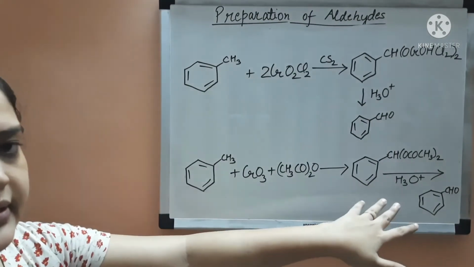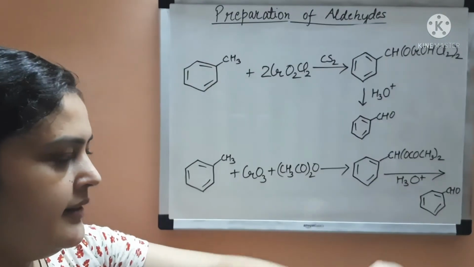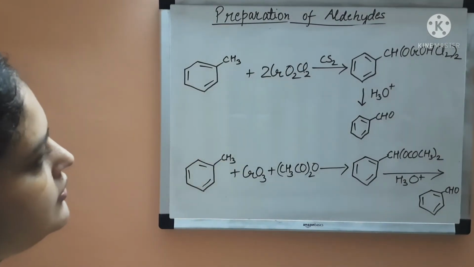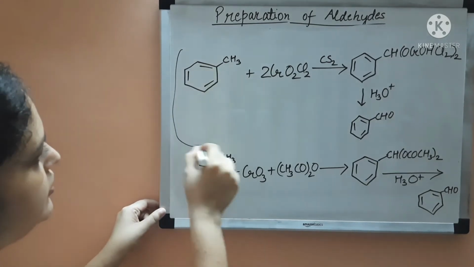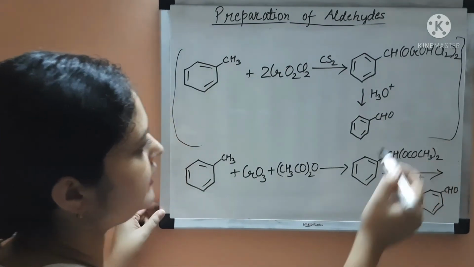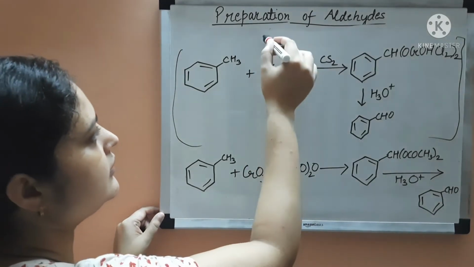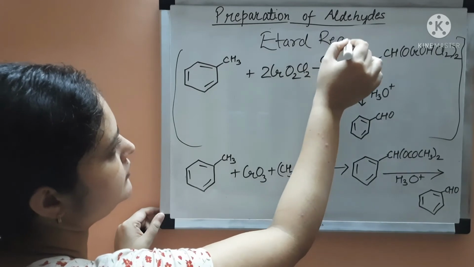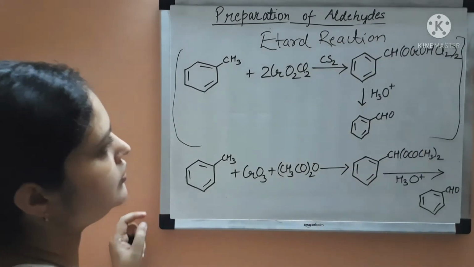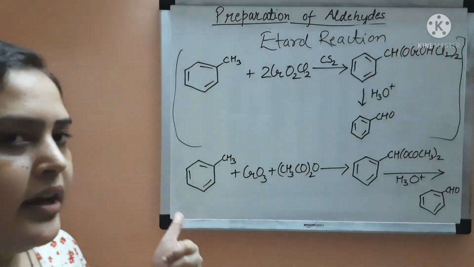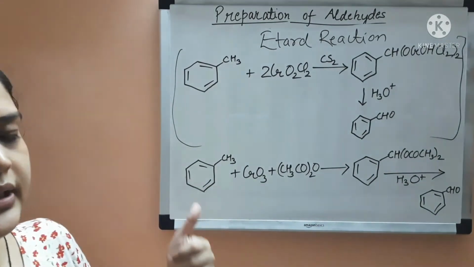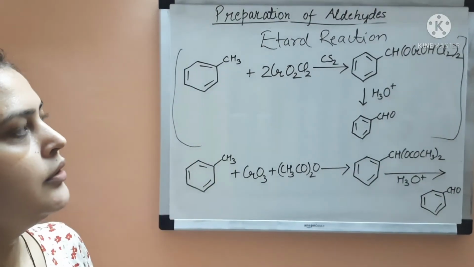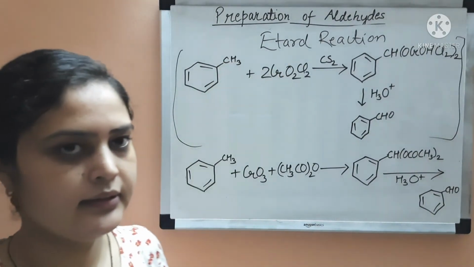Then when we hydrolyze it, we again get benzaldehyde. This reaction is also a name reaction, the Etard reaction. First we studied the Rosenmund reaction, then the Stephen reaction, and this is the third name reaction, the Etard reaction, all to produce aldehydes.